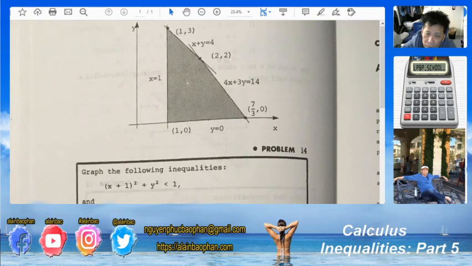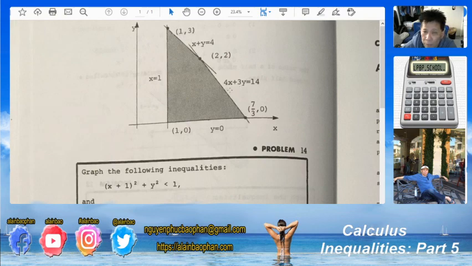If you draw the straight line over here, then it will be the triangle right here bounded by x equal 1, y equal 0, and x plus y equal 4. So inside this triangle right here, this part right here too.